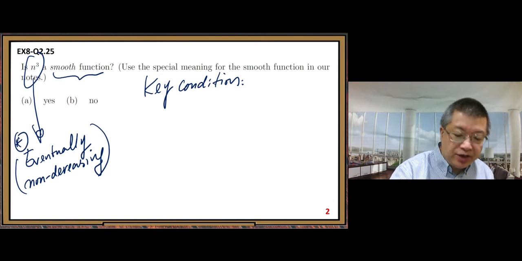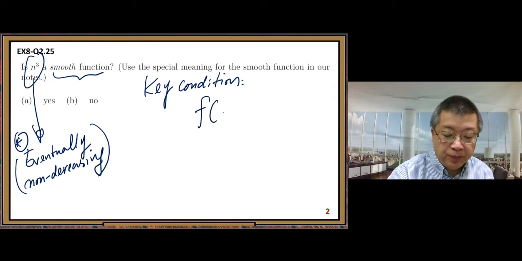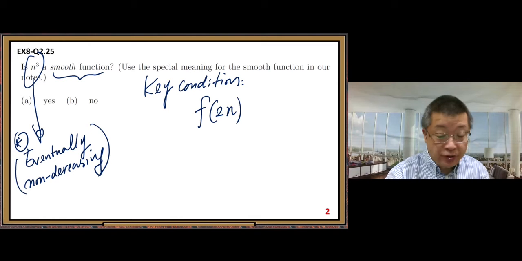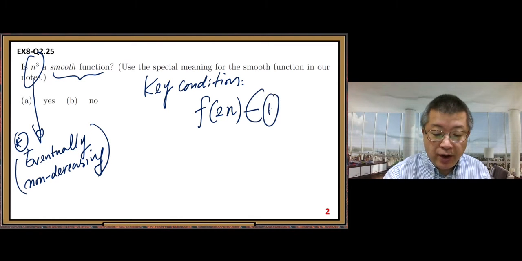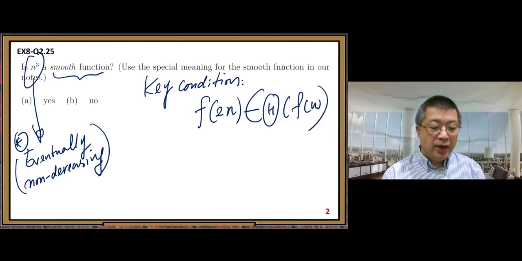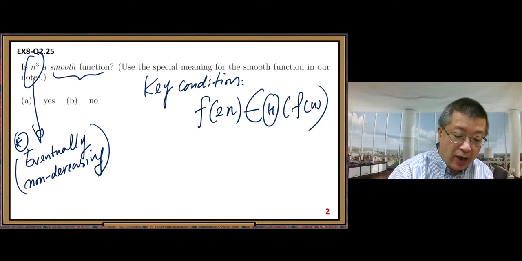But this other condition is harder. What is that? f of 2n belongs to big theta of f of n. Here it's very easy.